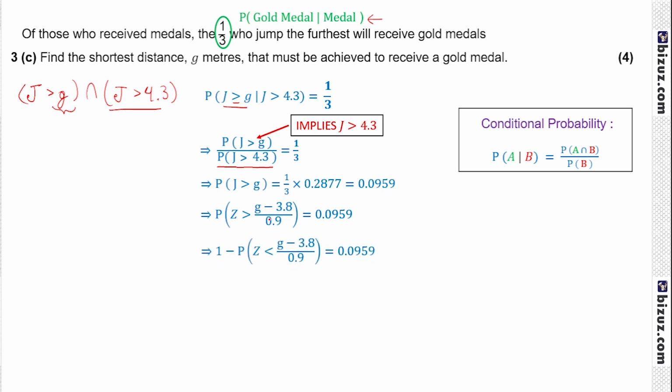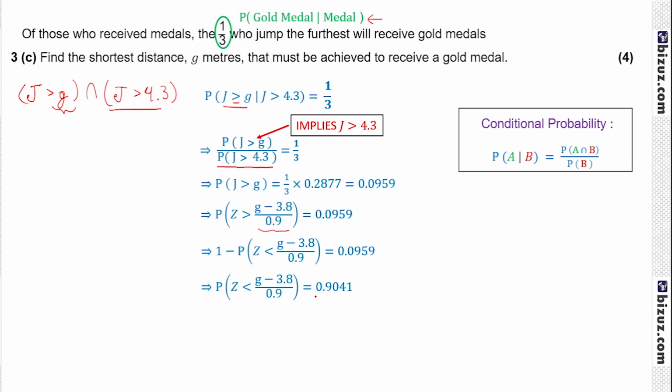So what we are going to do is convert this to z being less than something. That's what we need to use the large table. So this is going to be equal to 1 minus the probability of z being less than the same value, and it's going to be equal to 0.0959. The right hand side is unchanged. So the probability of z being less than this value is going to be equal to 0.9041.